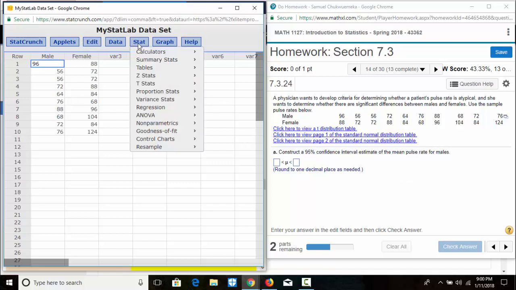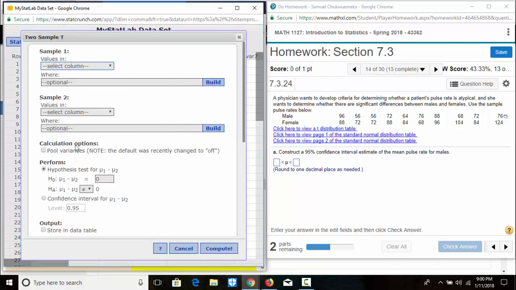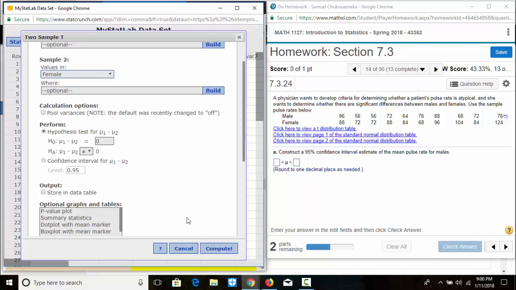So we go to stat, t-stats. Once this is 2 samples now, not 1 sample. We have 2 samples with data. Sample 1 is the male, sample 2 is the female.